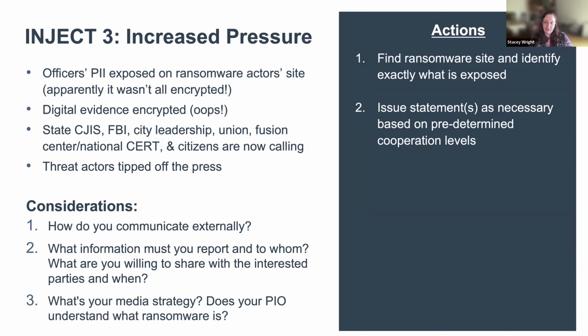Because if your email server is encrypted, you may not have your contact access. You may not be able to email anybody, but you also may not be able to get access to their phone numbers. If you have voice over IP, you may not be able to make those phone calls themselves. How do you communicate with the press? How do you communicate with anybody who's trying to get in touch and offer assistance?